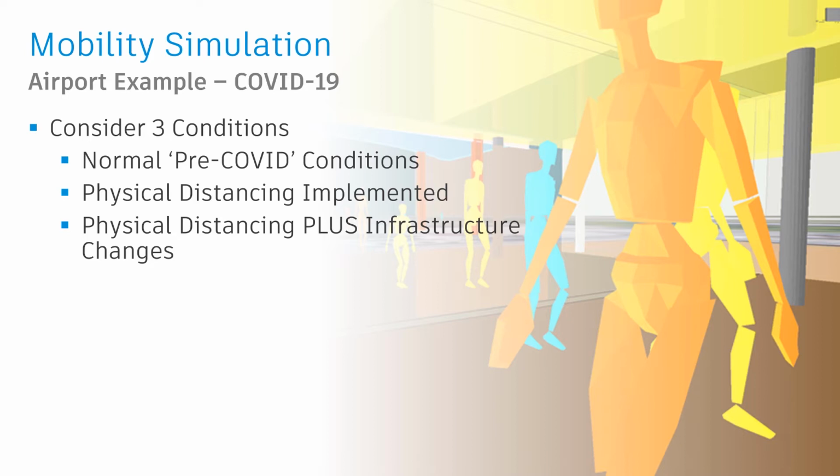Then we're going to look at the effect of just applying the physical distancing constraints. And then we're going to look at a third condition where we have the physical distancing constraints activated plus some infrastructure changes, and we'll see what that looks like.